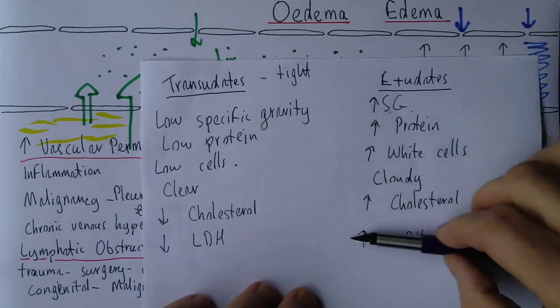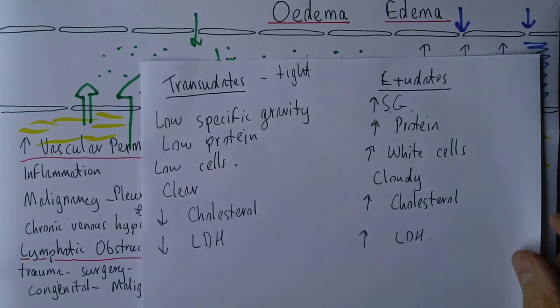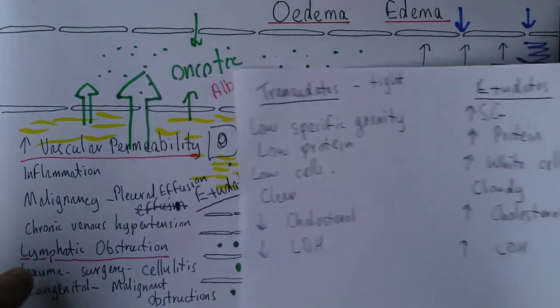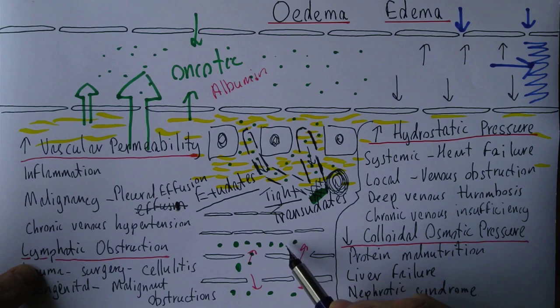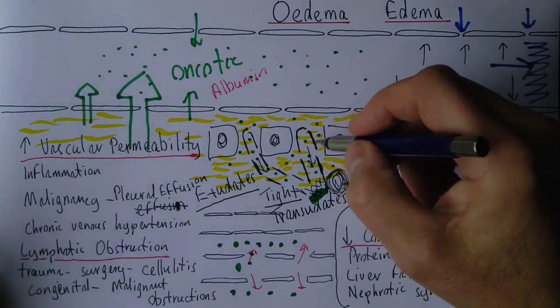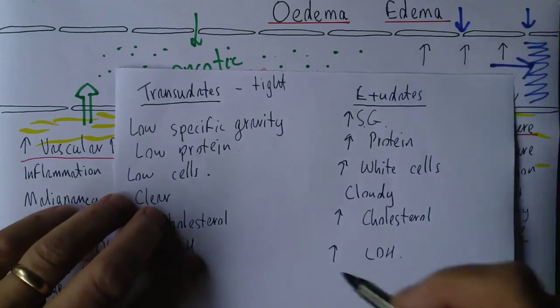Plus this is sort of a localized inflammatory marker, the LDH. With the lymphatic obstruction, again, you're going to get increased amounts of protein because the proteins aren't drained away in the lymphatic fluid.